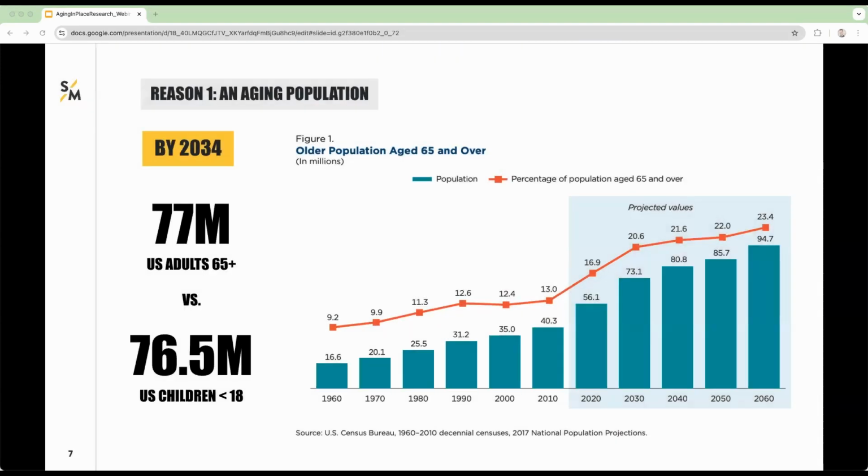Thanks, Lou. Well, the first major reason for aging in place design and the way that it needs to matter to us is that we're in the midst of the largest boom of those aging into senior years in the history of the United States. In fact, as you can see here, by 2034, the US Census Bureau estimates that the total population that is going to be age 65 plus is going to outnumber the population of those under 18.